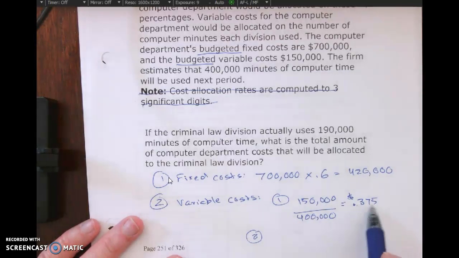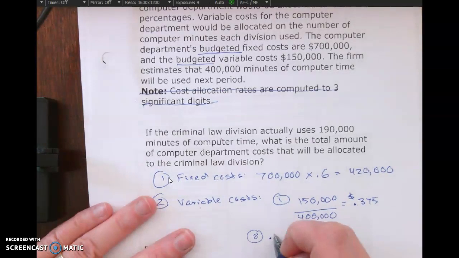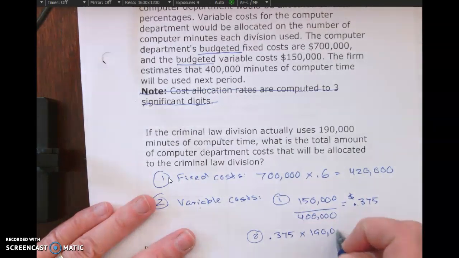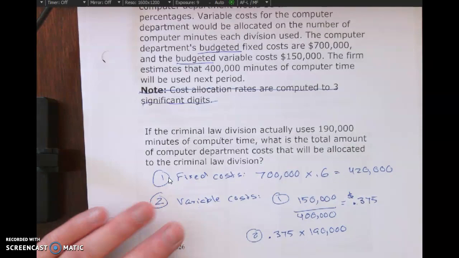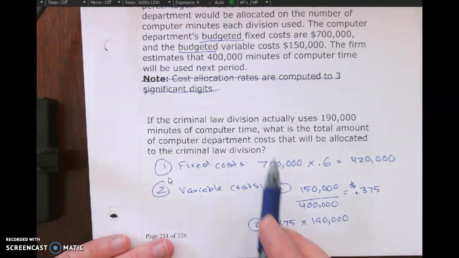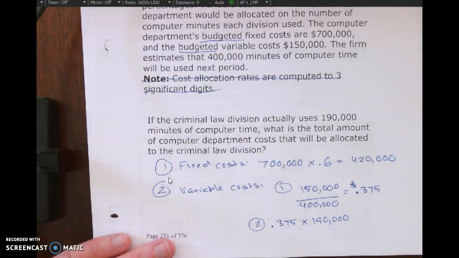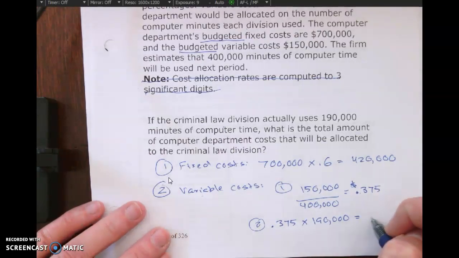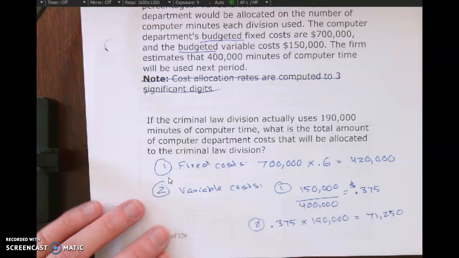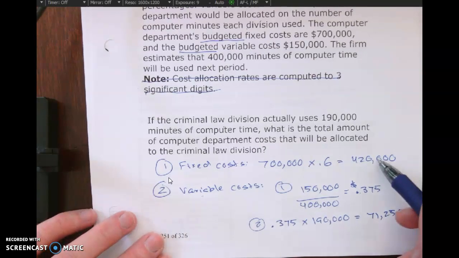Well, if they're charged 37.5 cents for every minute of computer time, we can just come over here and go 0.375 times my 190,000. That's going to give me the variable cost of the computer system that will be allocated to criminal law. And when we do the math, it's $71,250. So now what we can do is we can add the two together.